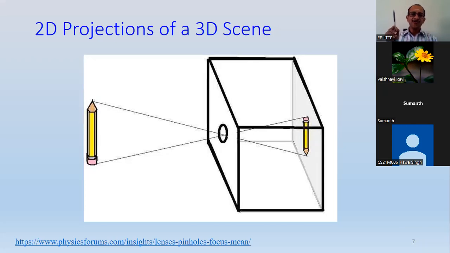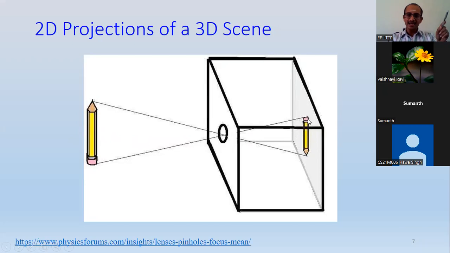However, if you see the projection of it, what's happening here? This is a pencil that is seen in 3D, and through a pinhole camera again we are capturing it here, and you can see this is an inverted image. However, you see that this is in the 3D plane. So what happens? In the X and Y plane, the location of this pen or pencil will get encoded here.